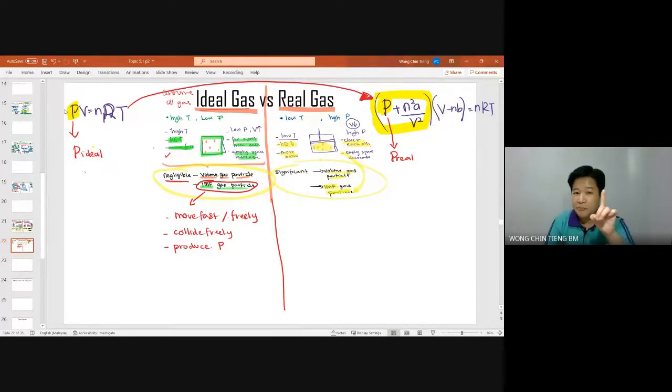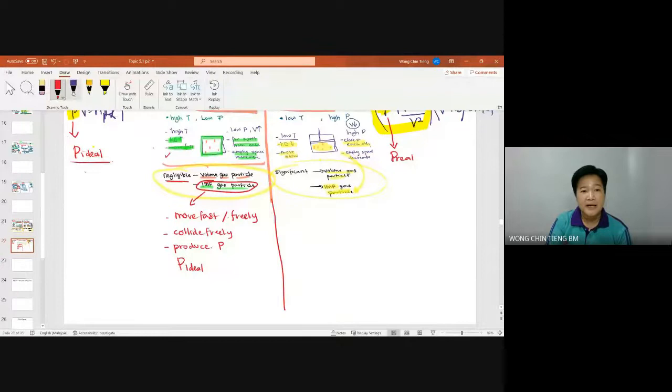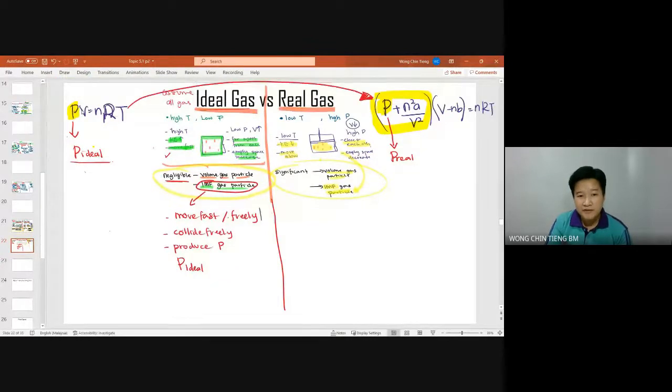And the pressure that we produce in ideal, of course, we call it pressure of the ideal gas. Agree? Okay. So dia berlanggar banyak, bear that in mind. Move very fast and very freely, collide very much, you produce a high pressure. Ideal gas pressure tinggi. Setakat ni setuju?